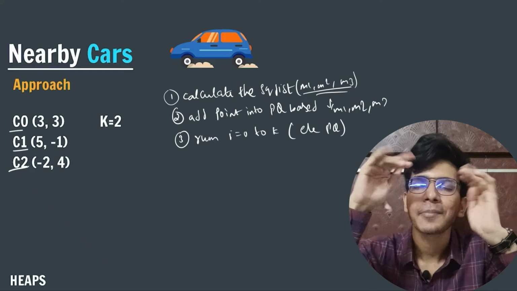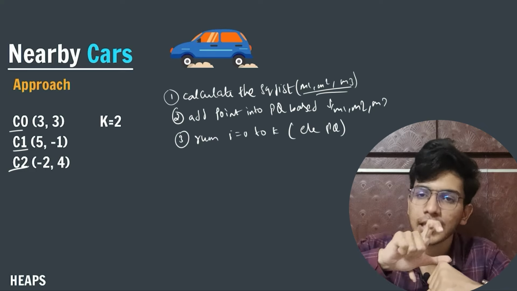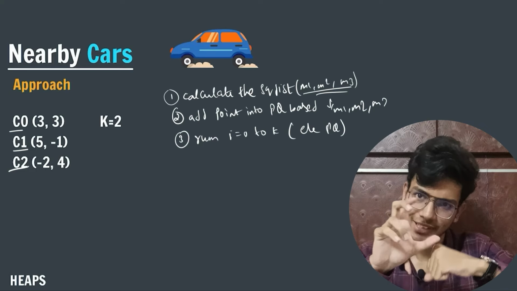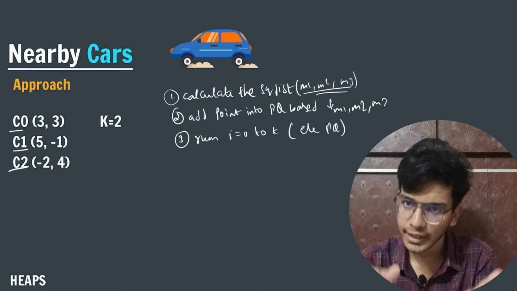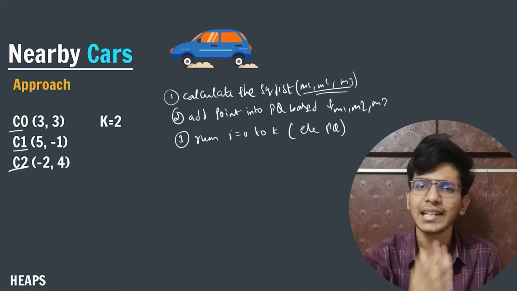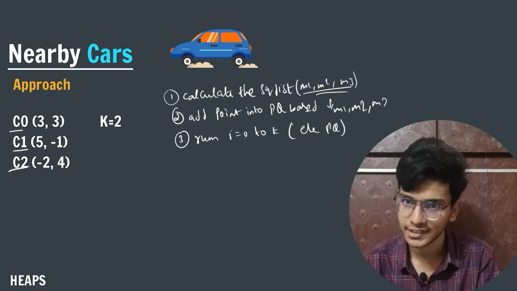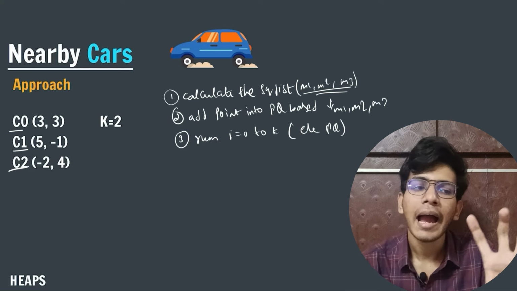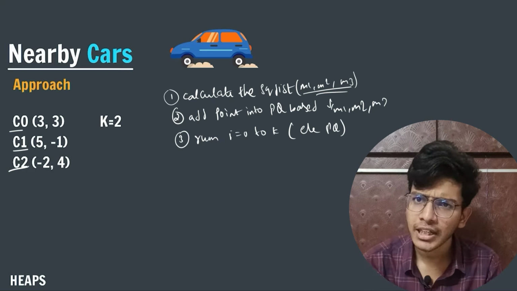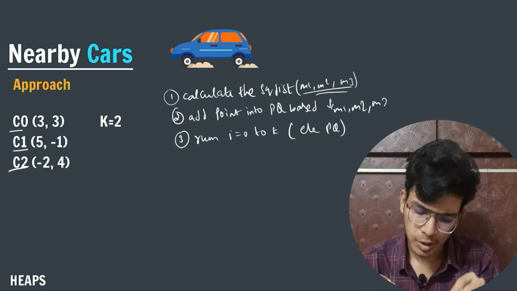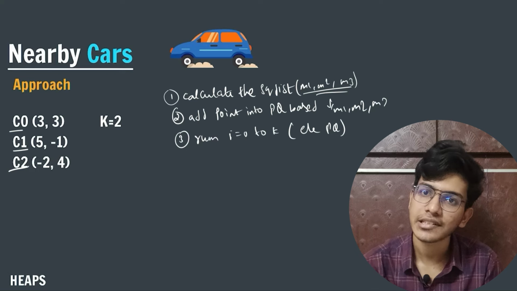So first of all I am calculating the square distance from my origin. After that I am adding those points into my priority queue based on the square distances, and after adding, I am printing. I know that internally my priority queue will take the element which is least.